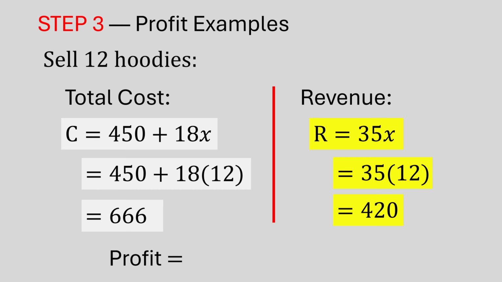Profit equals 420 minus 666 equals negative 246. Selling 12 hoodies gives a loss of $246 because 12 is below the break-even point of 27 hoodies.